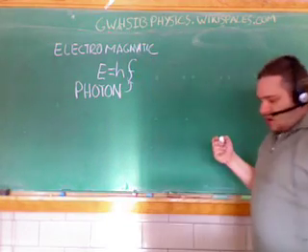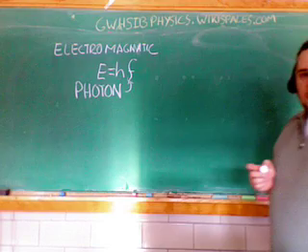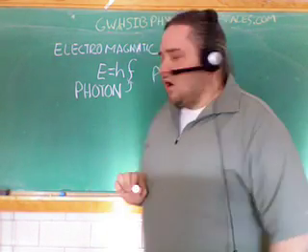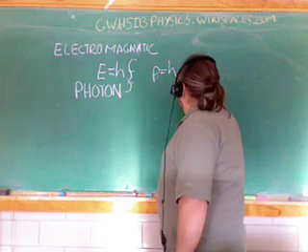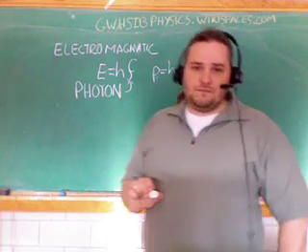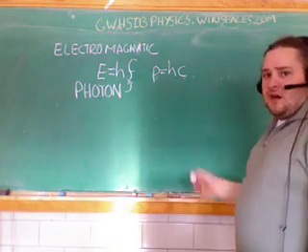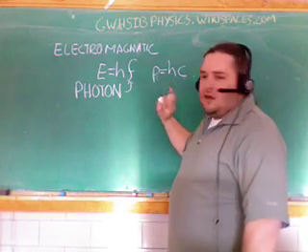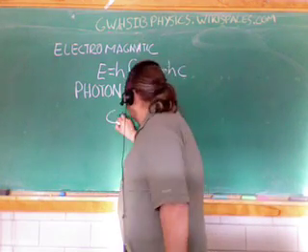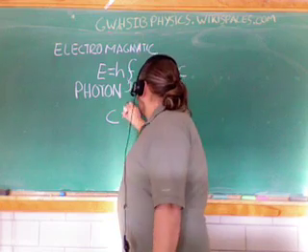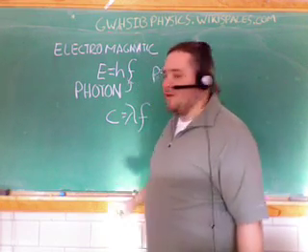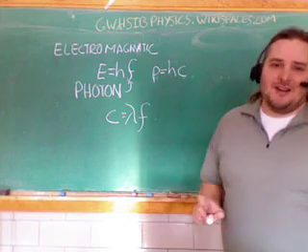Okay? Now let's talk about some of the other properties of light. We've got energy. What's the momentum of light? Well, that's going to be Planck's constant times the speed. Another thing we have to do when dealing with photons and momentum is use this equation: the speed of light is equal to its frequency times its wavelength, or the other way around, wavelength times frequency.